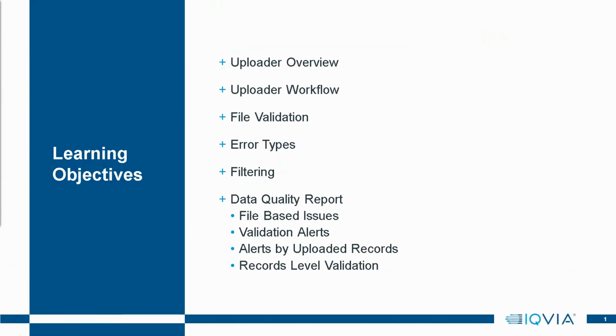The learning objectives for this video will include an uploader overview, the uploader workflow, file validation, error types, filtering, and an overview of the data quality report, which will include file-based issues, validation alerts, alerts by uploaded records, and record level validation.